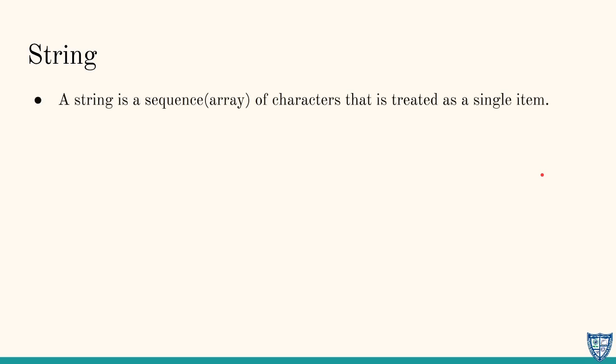So basically a string is a sequence of characters that is treated as a single item. You know that a sequence can be termed as an array in a programming language. So a string is a sequence or array of characters that is treated as a single item.